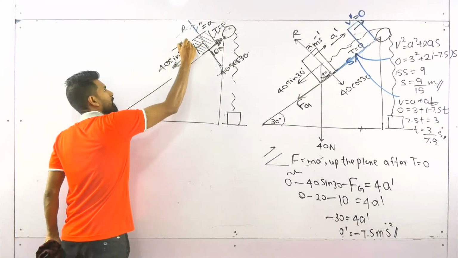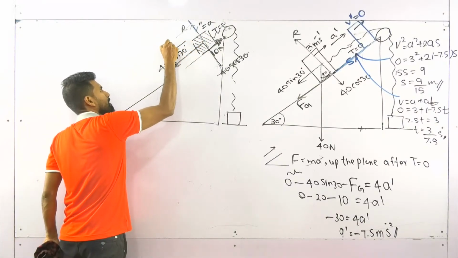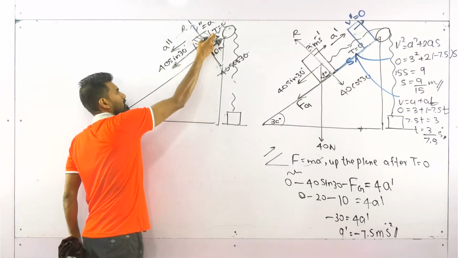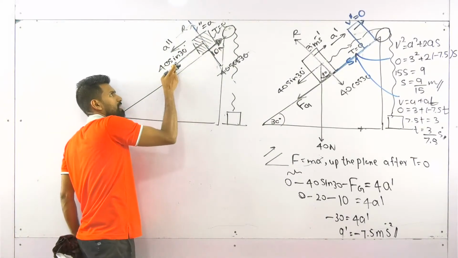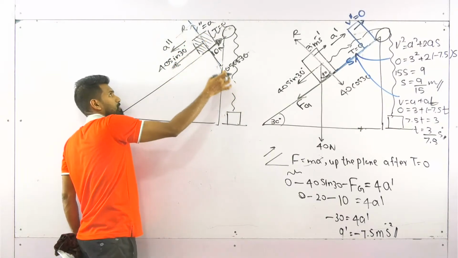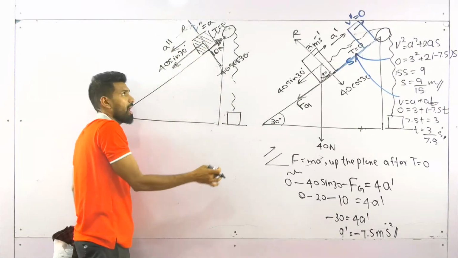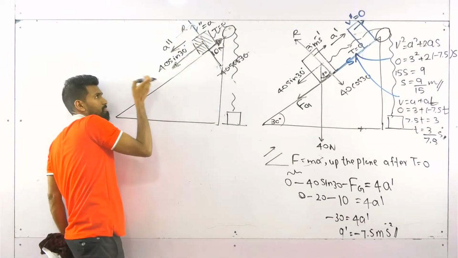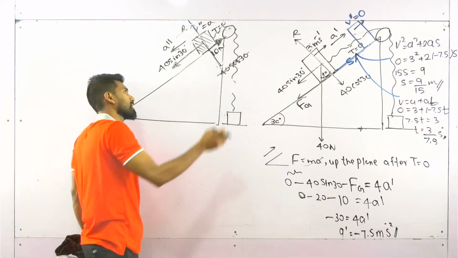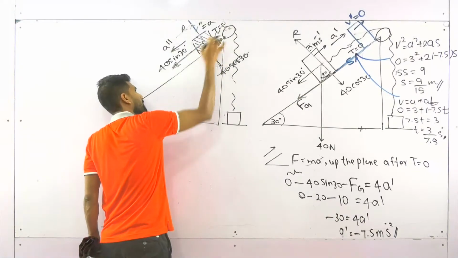So it will tend to move in this direction with a new acceleration a double dash. As it is at instantaneous rest and 40 sin 30 is calling it, it will tend to move downward. It will create the same valued friction in the upward direction.